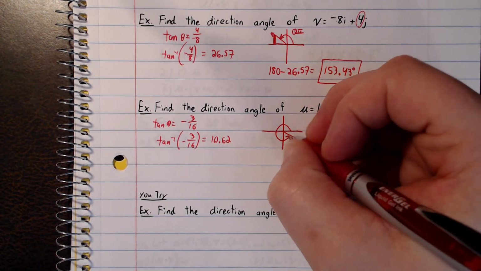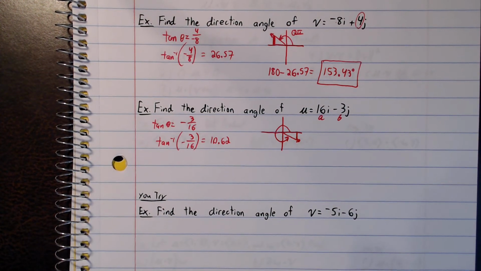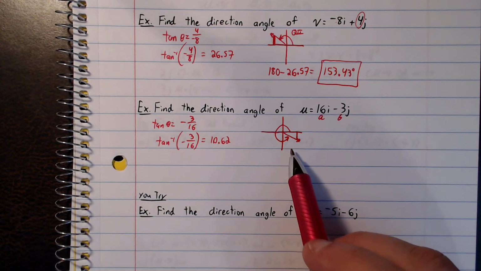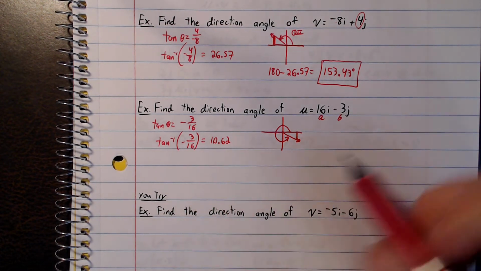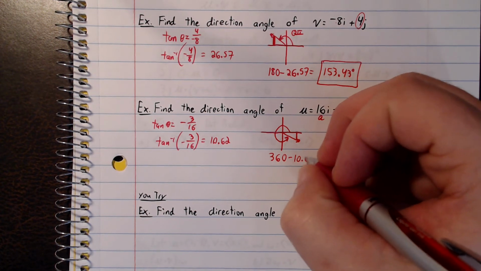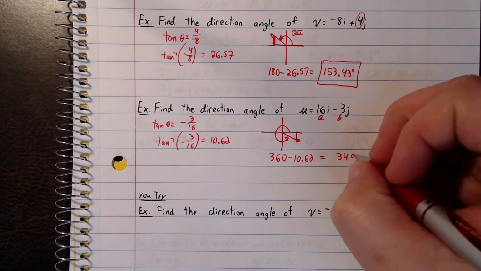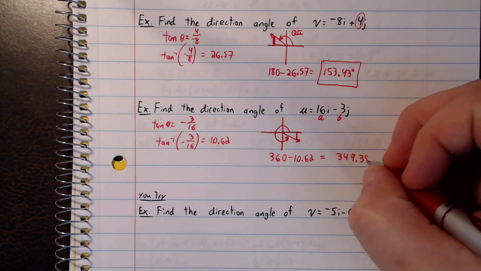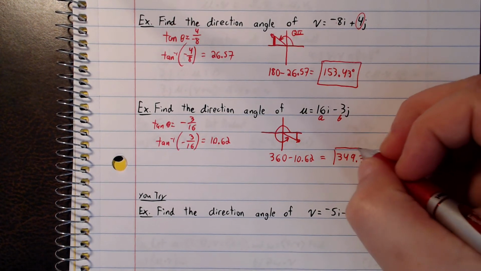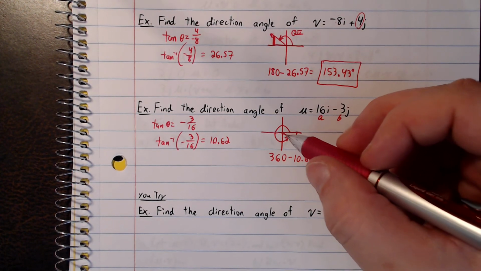We're looking for this angle. They gave us the reference angle. Well, I'm looking for almost a full circle except for this amount. So that's 360 minus 10.62. And we come up with 349.38 degrees.